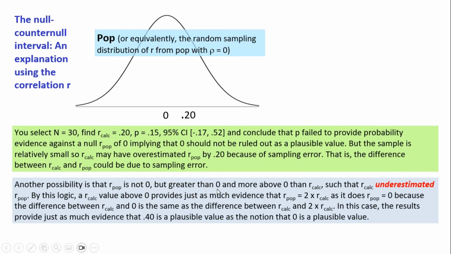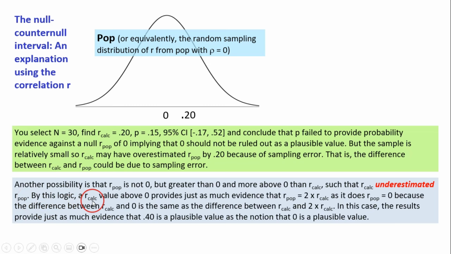Maybe the actual population correlation is not 0 after all, and maybe it's more above 0 than R calc is, such that R calc, instead of overestimating a null of 0, actually underestimated R pop.